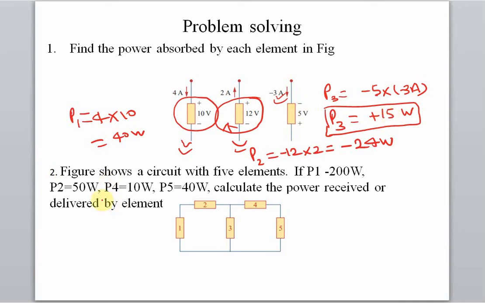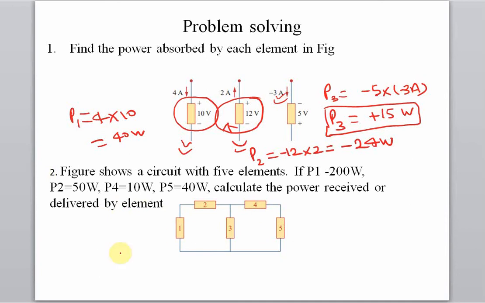Okay. And in the second problem, the figure shows a circuit with 5 elements. If P1 equals minus 20 watt, P2 equals 50 watt, P4 equals 10 watt, and P5 equals 40 watt, calculate the power received or delivered by the element.